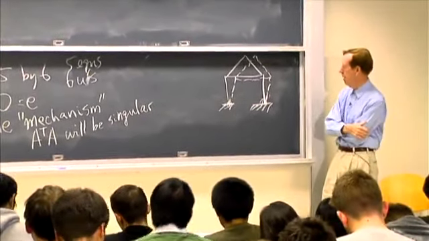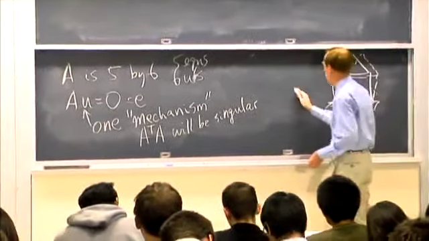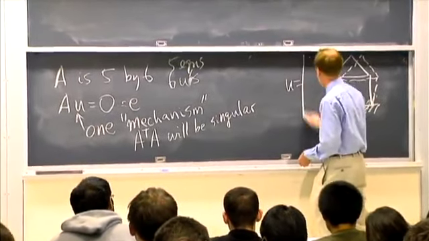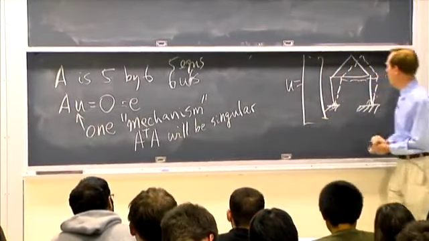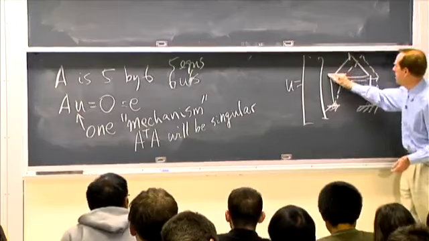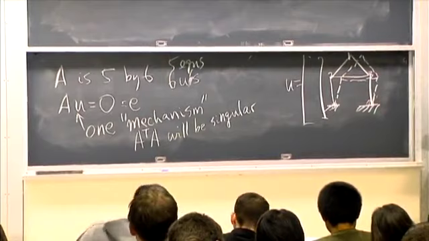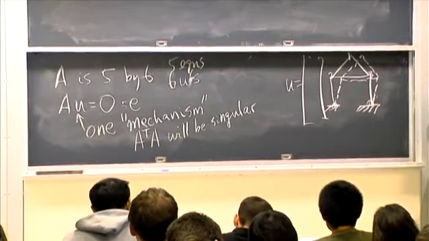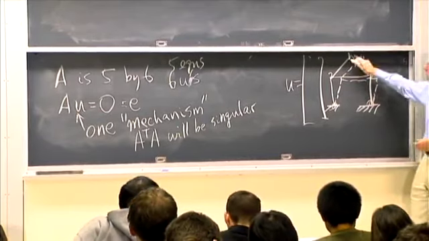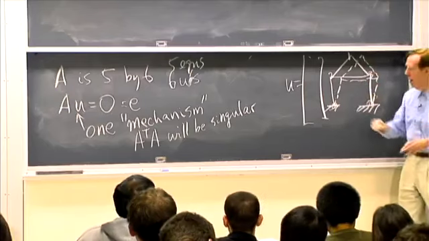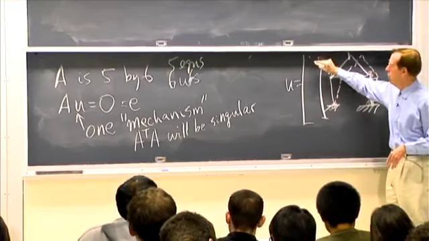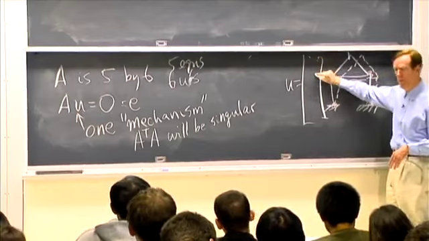That would show it. And if I wanted to write down the U that goes with it, what would it be? Let me again number these guys. This is 1, 2, and this is 3. So what's going on? What are the displacements of nodes 1, 2, and 3? And I'll always write U1, horizontal before vertical.